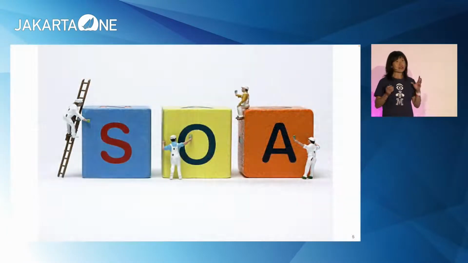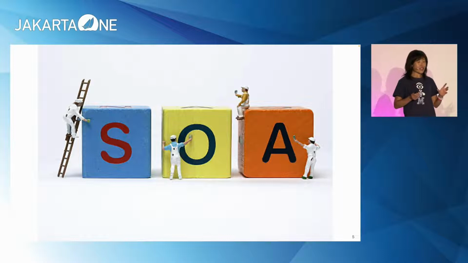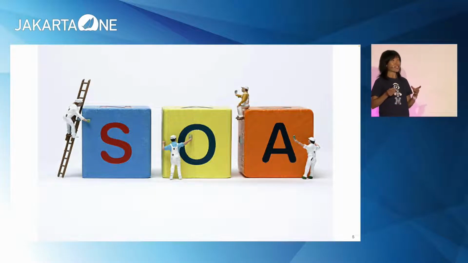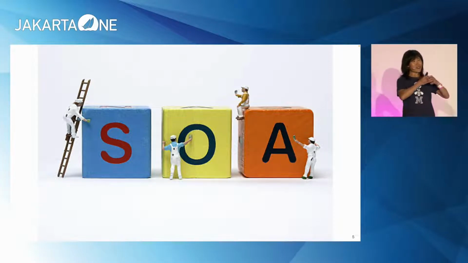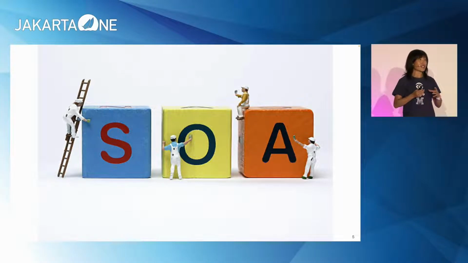So with that, came SOA, service-oriented architecture. The basic concept of SOA is being language agnostic, so services can be written in any kind of language. This was very popular in 2000. SOA also came with the enterprise integration bus.